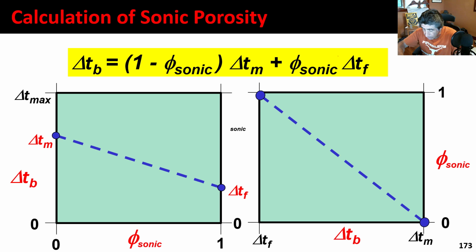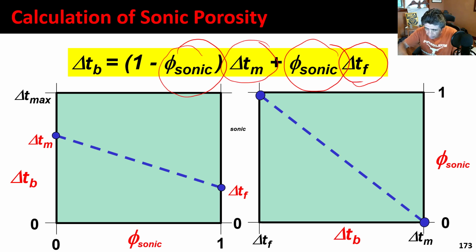Please note that I have called this sonic porosity. This is not porosity, it's called sonic porosity, and it's just the partition of the time of flight. So as long as we know the time of flight through the fluid, the time of flight through the solid, and the measured time of flight, which is the fastest time of flight, then we can indirectly estimate this sonic porosity.